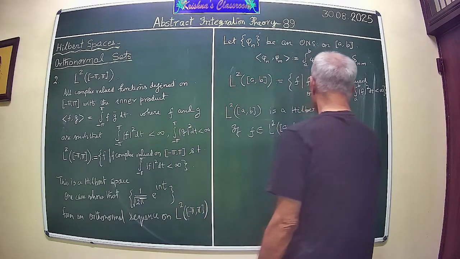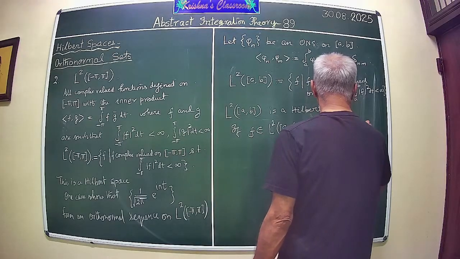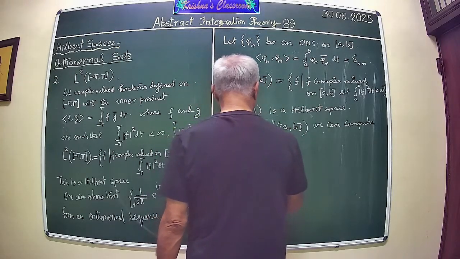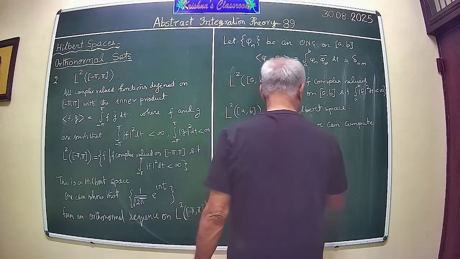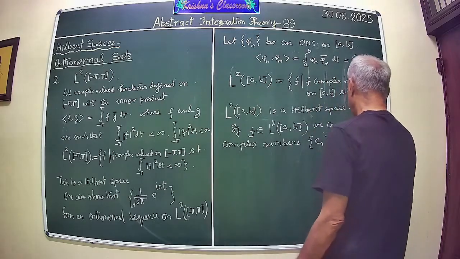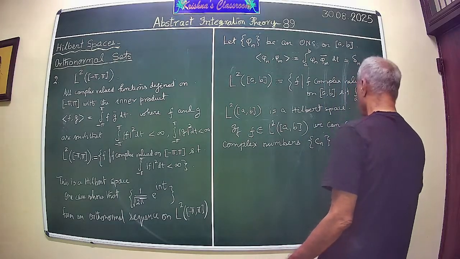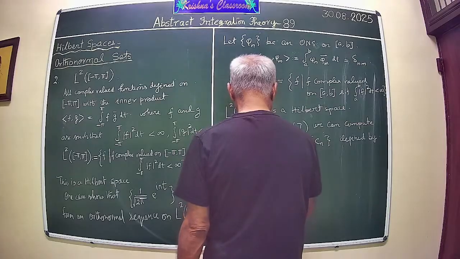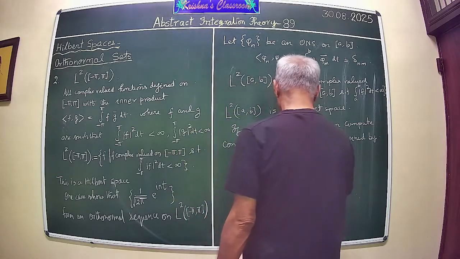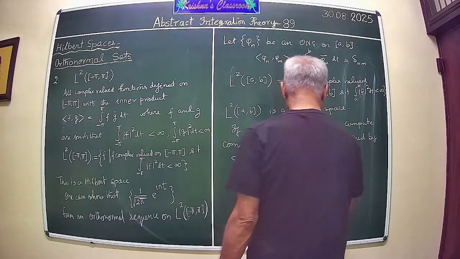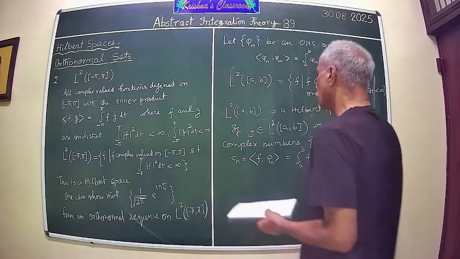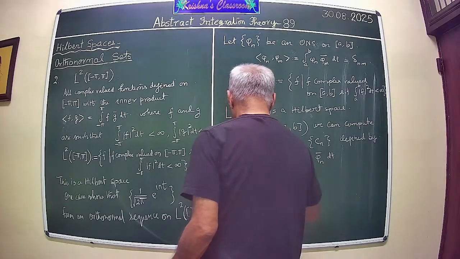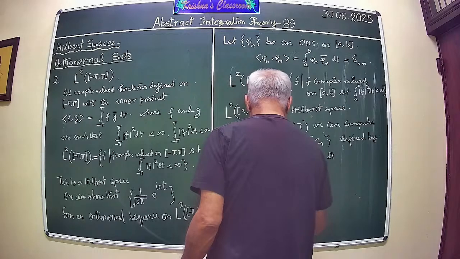We can compute complex numbers Cn defined by the inner product of f and phi n, and these Cn's are called the Fourier coefficients of f.